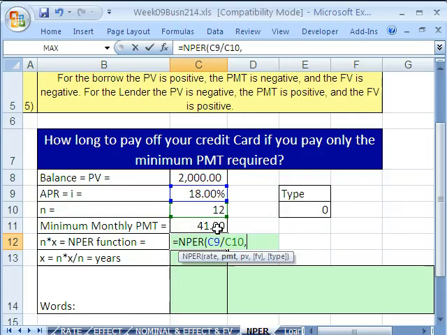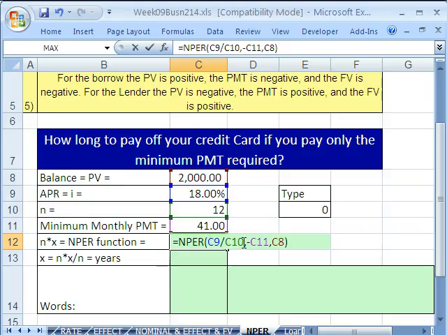Oh, it's a minus. This is the 41, so I'm going to put a minus here. I didn't put the minus in the face of the spreadsheet, but there it is. It's coming out of our pocket and going to the bank. Comma, our present value. Now, this is positive because this is the credit card company, in essence, giving you the money to buy all this stuff when you bought it. So there it is. And we don't have any amount left at the end, and this is the type 0.